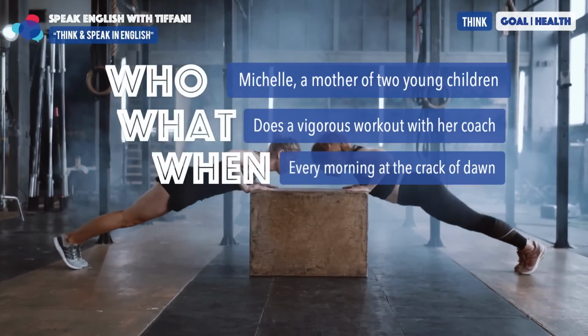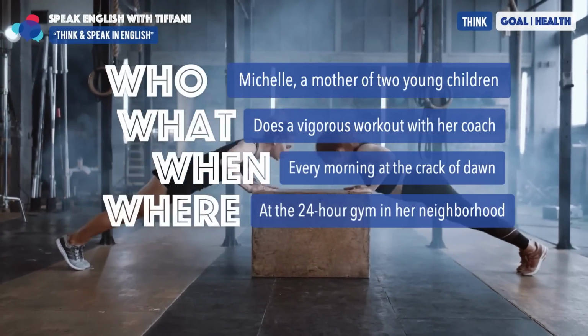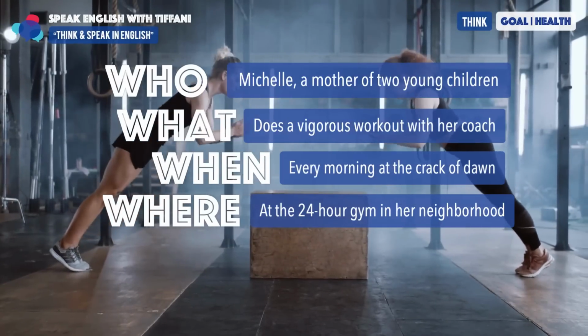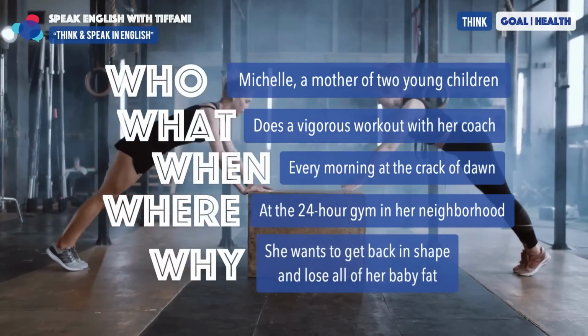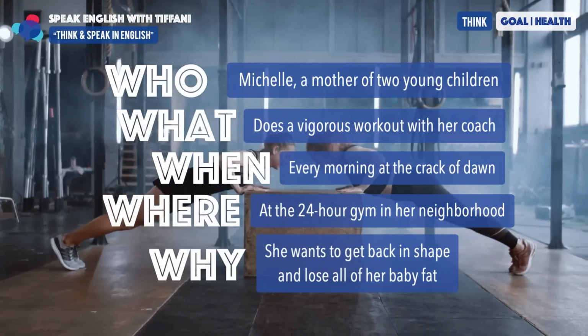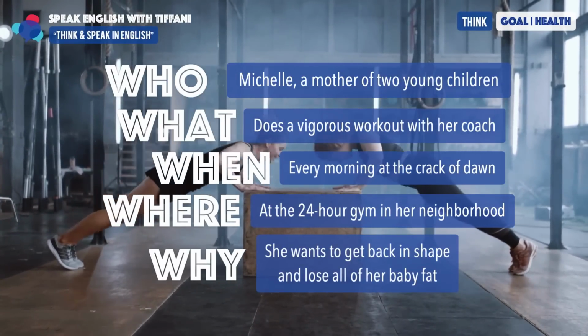When? Every morning at the crack of dawn. Where? At the 24-hour gym in her neighborhood. Why? She wants to get back in shape and lose all of her baby fat. So what's happening? Again, this is step 1, thinking in English.